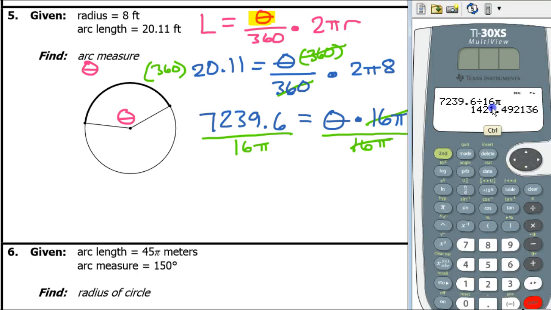The problem is, if you're going to type it in this way, you have to put the 16 pi in parentheses. So 7,239.6 divided by, and then I have to put the 16 pi in parentheses. And then now I get the 144.03 that I got the other way. Okay, so watch out for that.